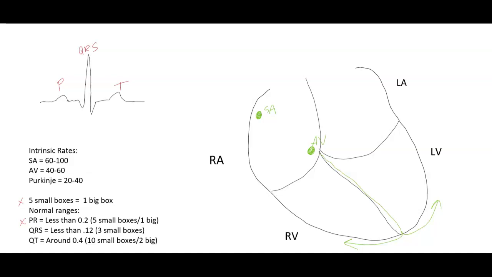So I like to think of normal as being that SA to AV node, if you want to picture it, being a cute little jump from the SA to the AV node. That there is going to be that P wave, that cute little P wave jump there. Then we're going to travel down that QRS complex.